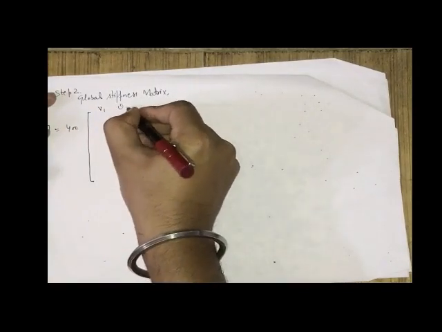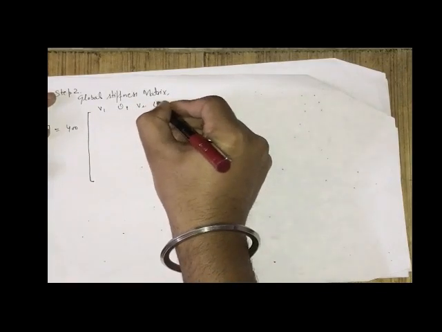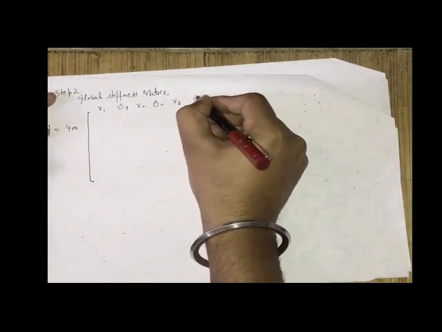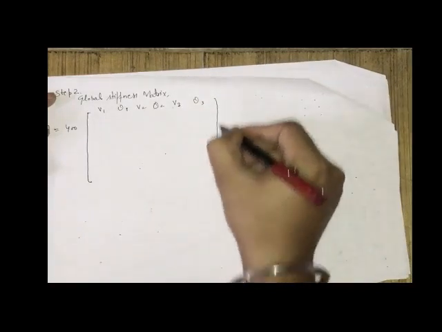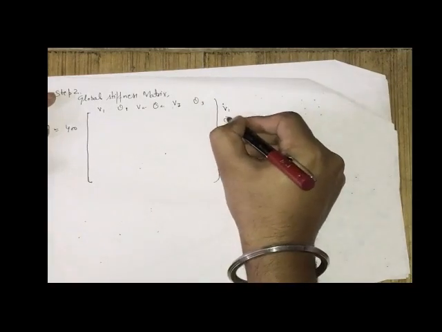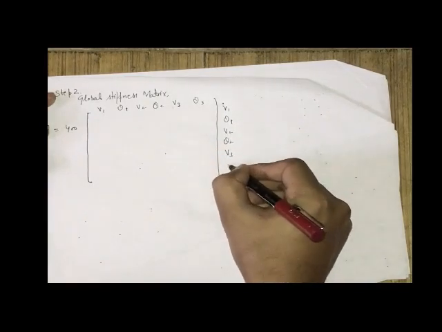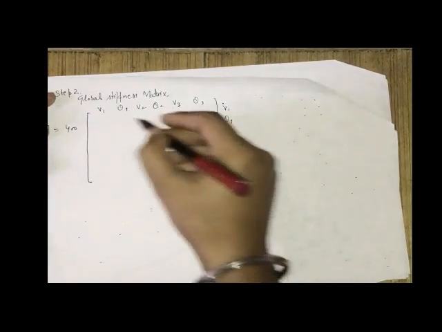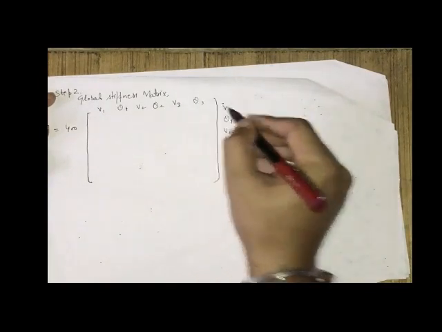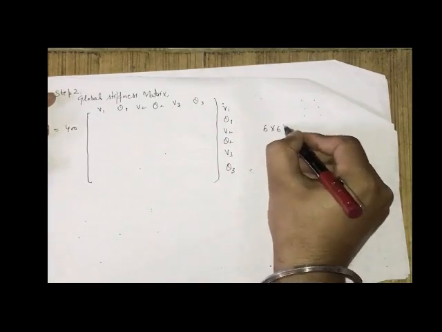So write V1, theta 1, V2, theta 2, V3, theta 3, and here also the six displacements, V1, theta 1, V2, theta 2, V3, theta 3. So here 1 2 3 4 5 6, so the matrix is 6 by 6.